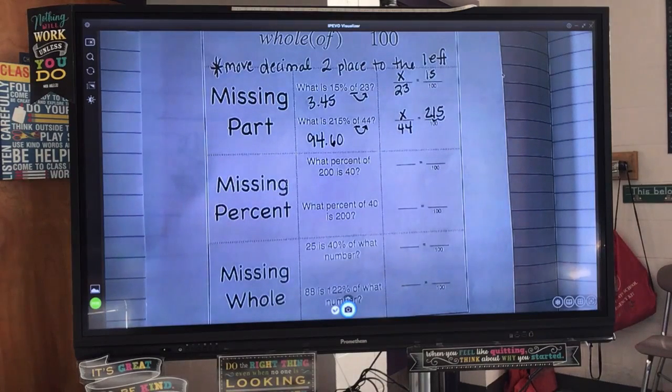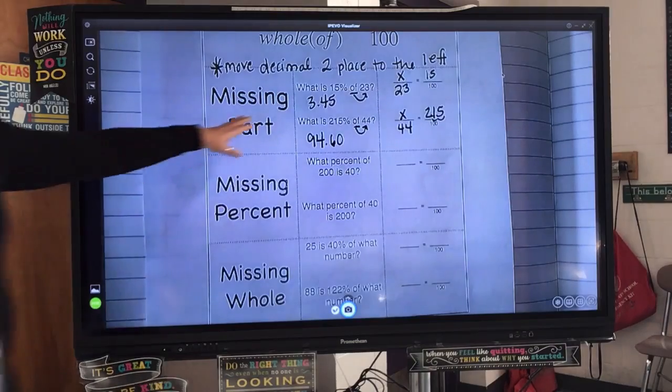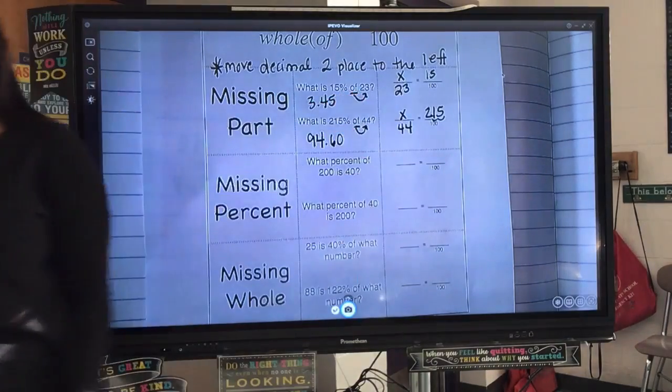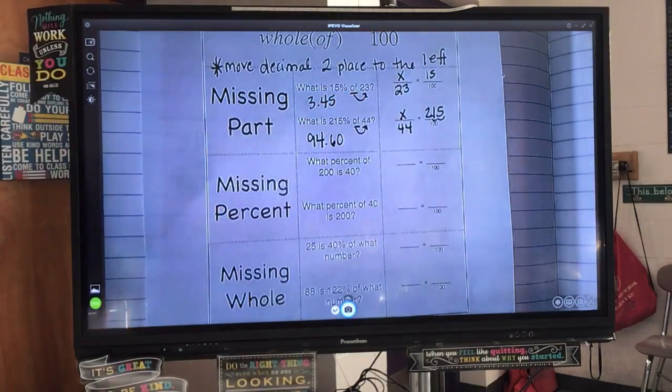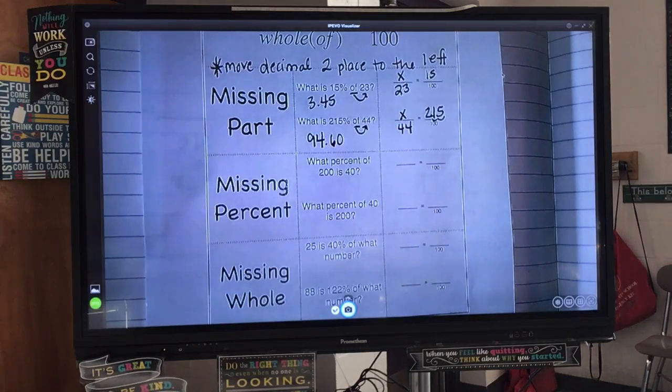So does 3 and 45 hundredths make sense to be 15% of 23? Does that make logical sense to you? You wouldn't have 34% as 15% of 23, right? So the big thing about percents is making sure that you look at your answer and say, does this make sense? All right, so the next one, it says, what is 215% of 44?